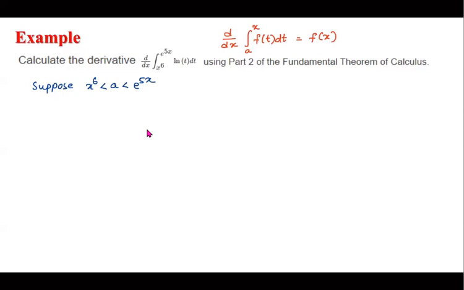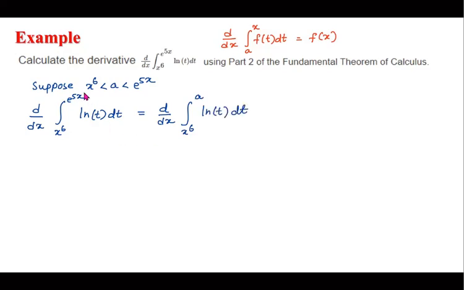So what we can do is the derivative with respect to x of that integral from x to the 6 up to e to the 5x of natural log t dt can be written as d over dx of the integral from x to the 6 up to a of natural log t dt.